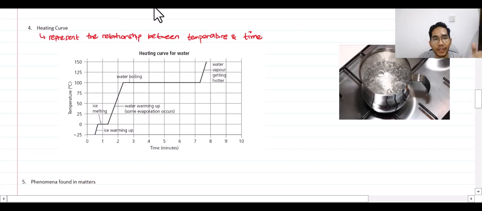Okay? Now, at 0 degrees Celsius, which is the melting point or freezing point of pure water, the curve becomes a horizontal line. What does that mean? It means that when it reaches 0 degrees Celsius, there's no change in temperature. It just stays at 0 degrees Celsius.